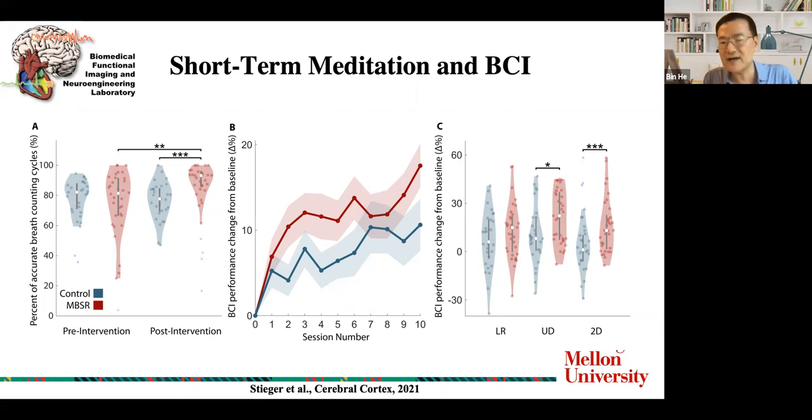The right-hand panel illustrates a statistically significant difference in up-down control, or 2D control, where the meditation subjects performed significantly better than the control group. They were also better, although not statistically significantly, for left-right control.